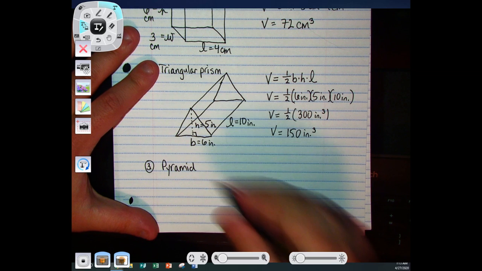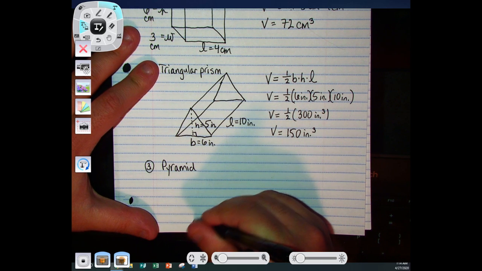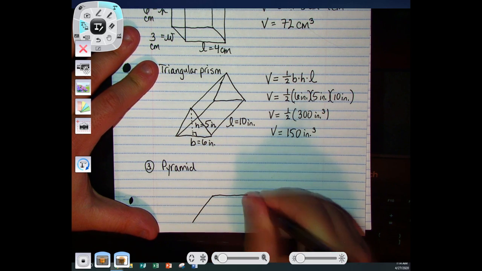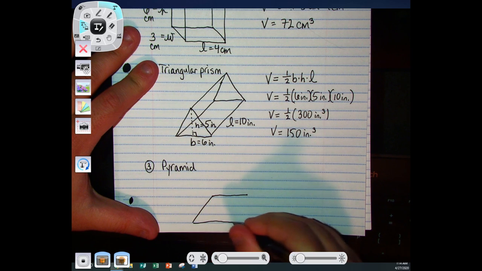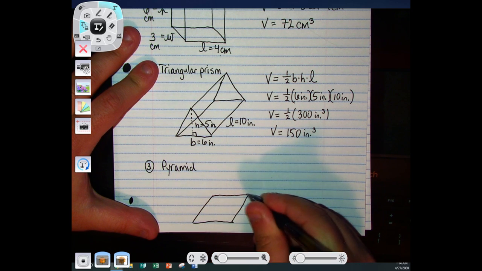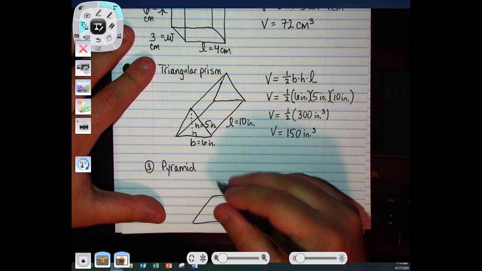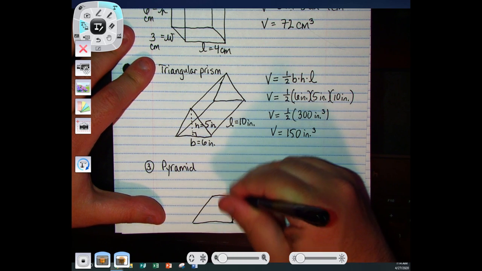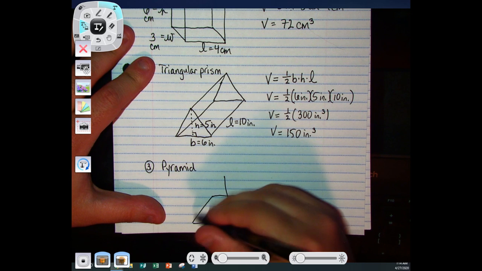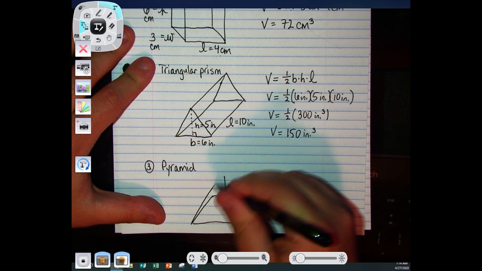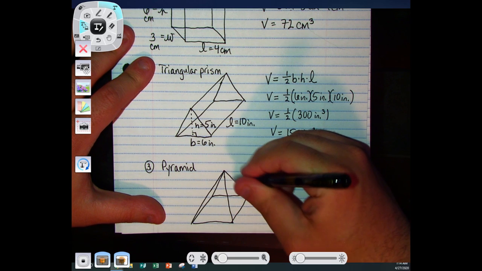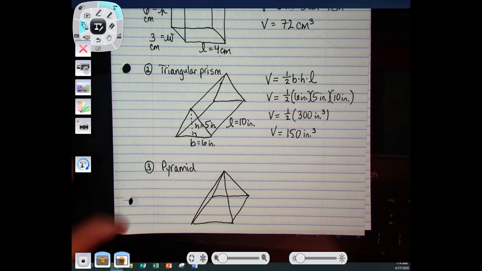So with the pyramid, what I will usually do is I will usually sketch the base like this. And then from each of the corners, I will sketch the lines that go to the top of the pyramid. So it will look something like this.